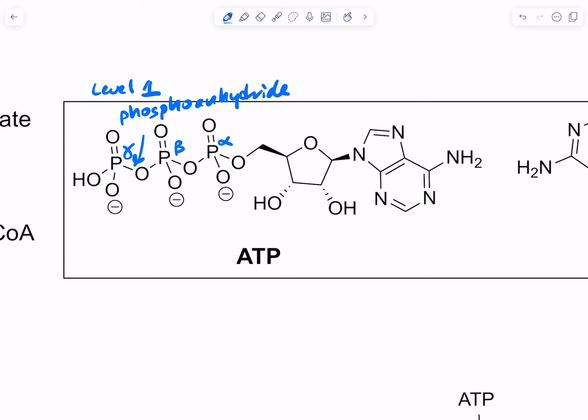So this functional group, where the gamma phosphate, which I'll highlight in blue, and the gamma oxygen are attached to what is essentially a phosphate leaving group. That's a level 1 electrophile. And ATP does the work in biology by transferring phosphate groups.